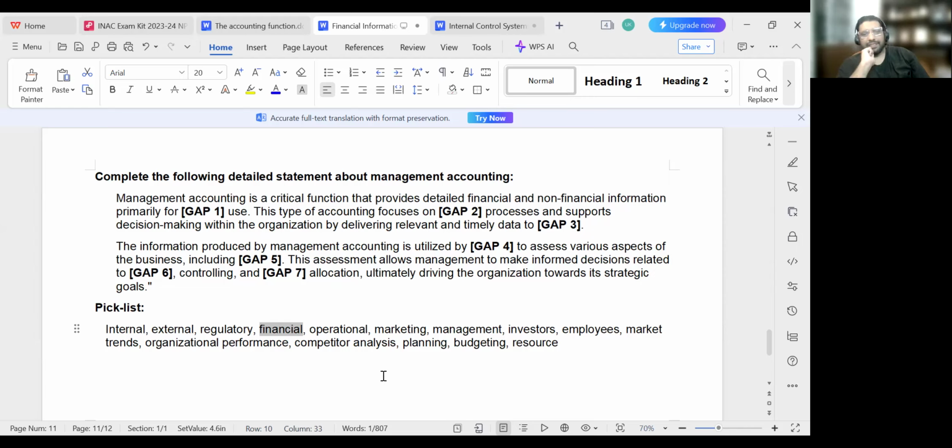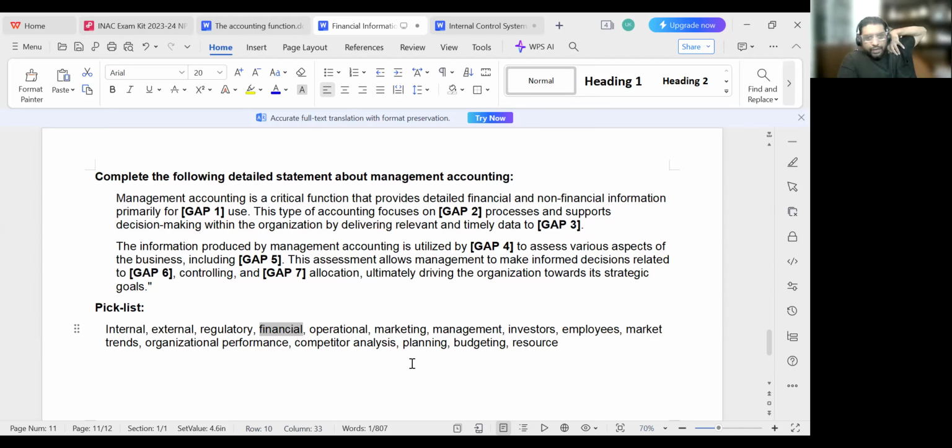It processes and supports decision making within the organization by delivering relevant and timely data to management. That's correct.